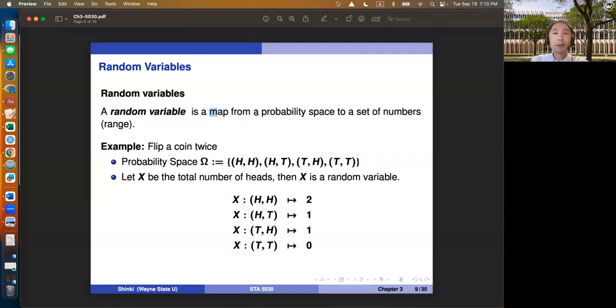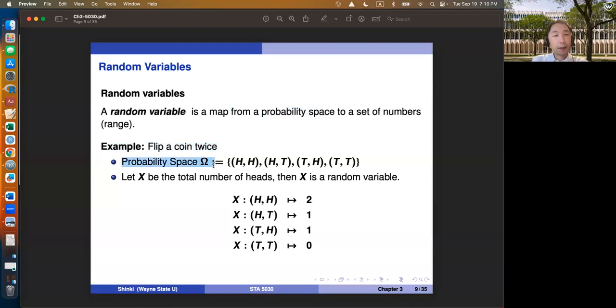This map is from the so-called probability space to a set of numbers. The values are numbers, but the initial set, the start set, is the probability space, not a set of numbers. In the example, suppose that we flip a coin twice.